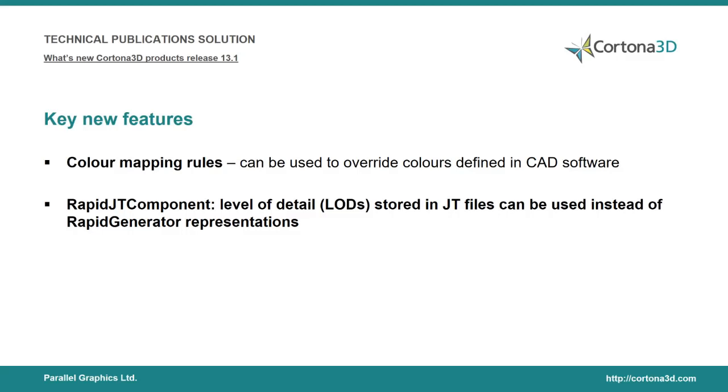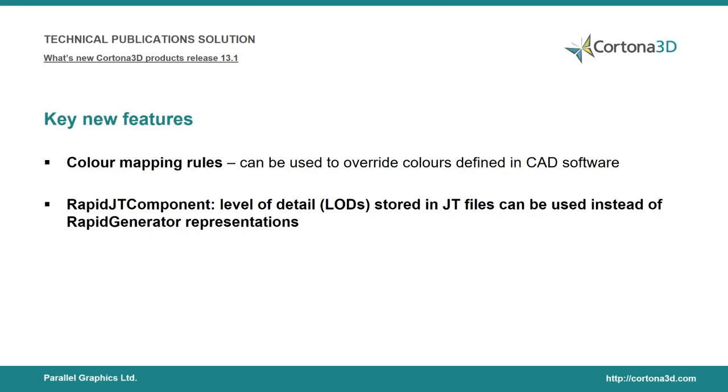Also, when you work with JT files via the RapidJT component, you can use loads, if there are any, in the JT file, instead of representations that are generated by Rapid Generator.